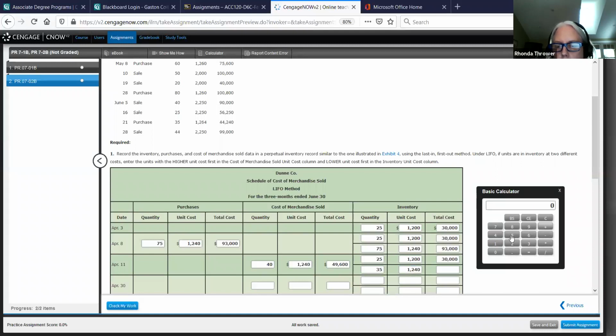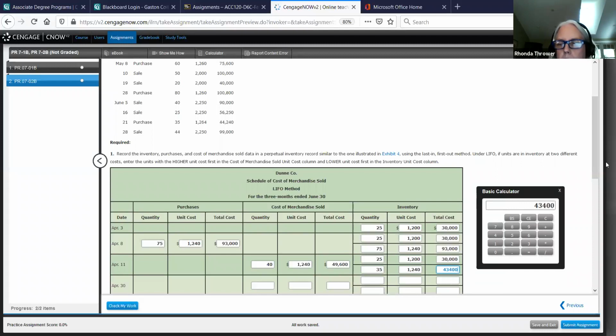So then you have to multiply 35 units times 1240, and that will give you 43,400.